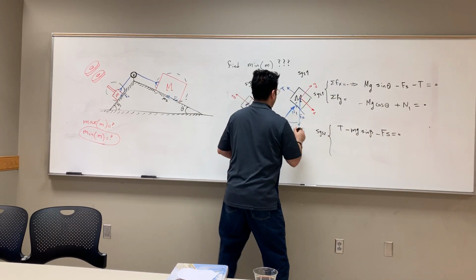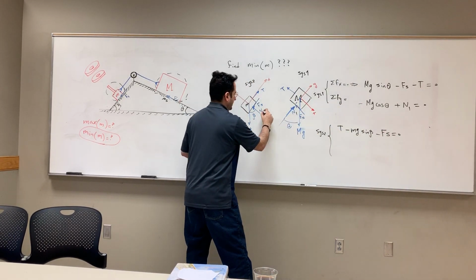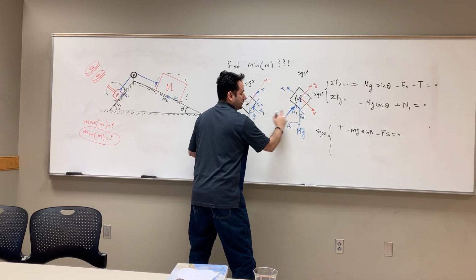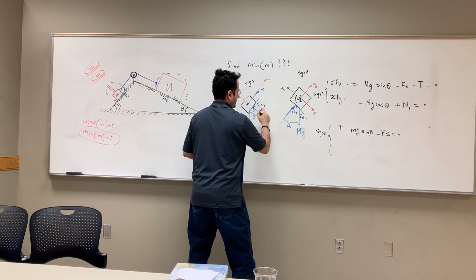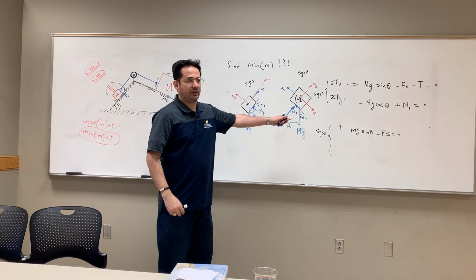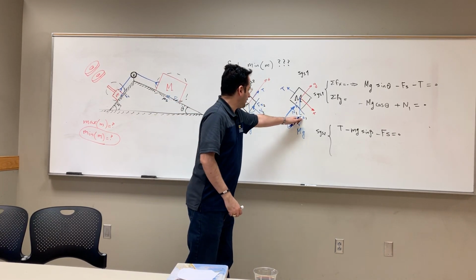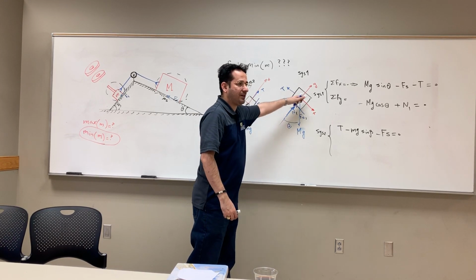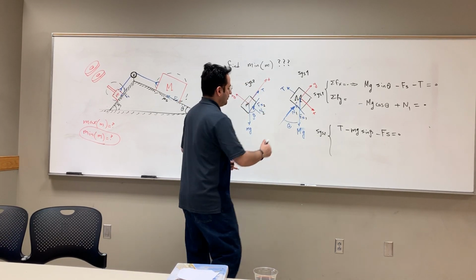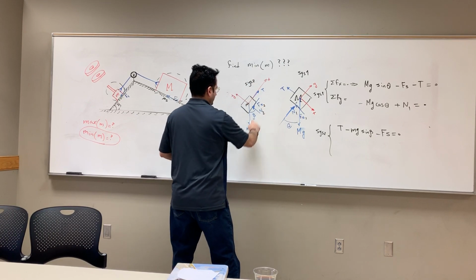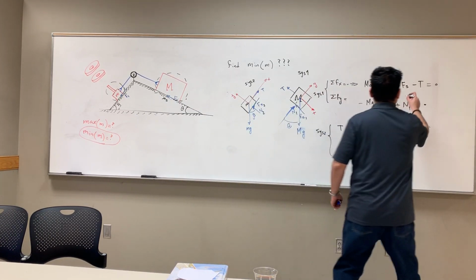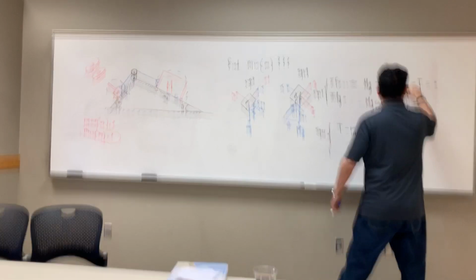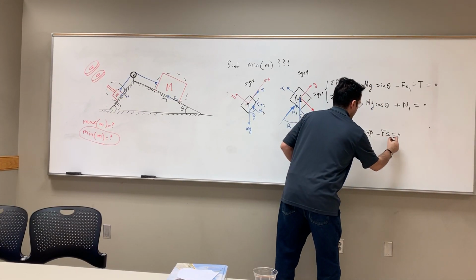You see, N in system 1 and N in system 2 are not necessarily equal. These are two different things, Fs system 1, Fs system 2, right? They are not the same thing. When we say Fs, that doesn't mean they are the same, because there are different masses, different amounts of friction. So Fs1, N1, Fs2, N2. I forgot to do that. So here you get Fs1, N1, and here you get Fs2.